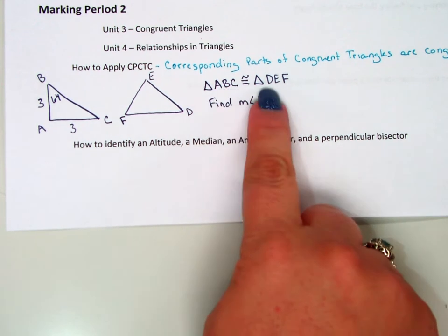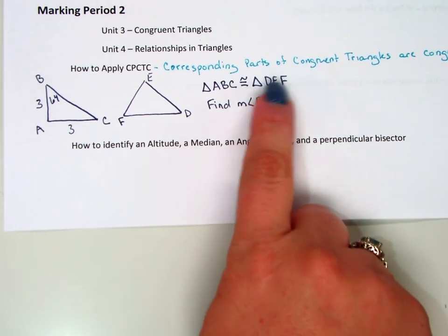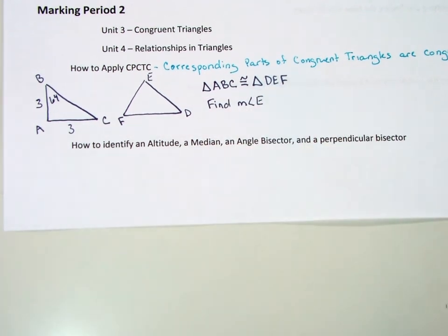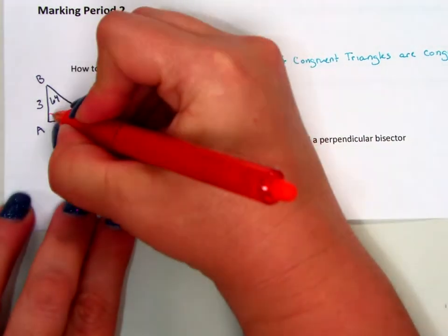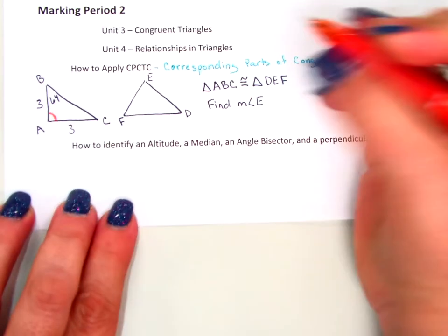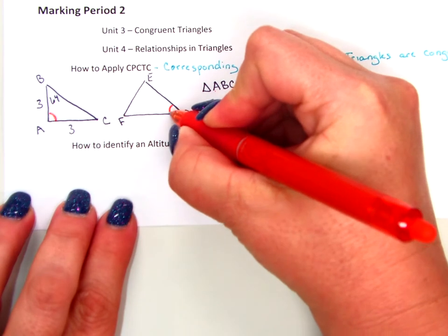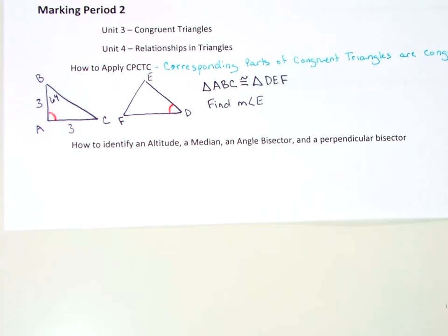Now, if corresponding parts in congruent triangles are congruent, I need to use this statement here to tell me what parts match. Okay? So for example, the first letters are A and D. So I know that A matches with D, even though I didn't draw it so that it looked like that.